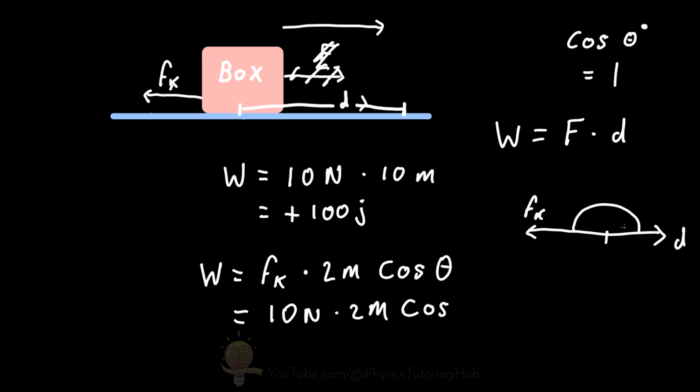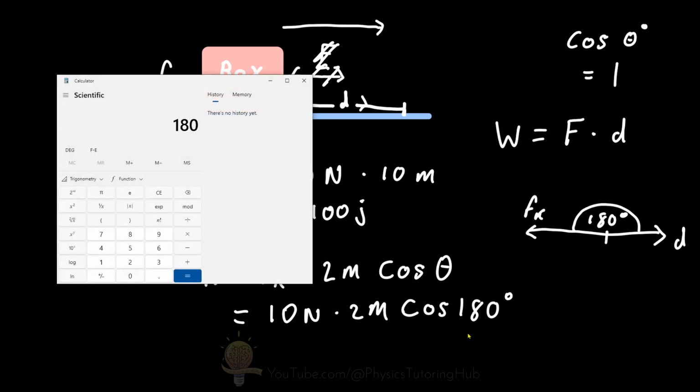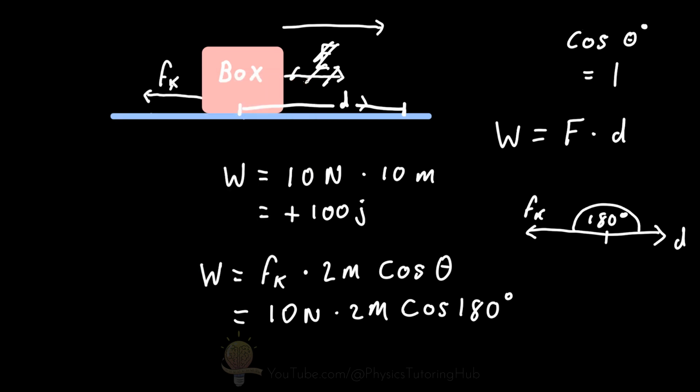And this angle here is 180 degrees. So what is cosine 180 degrees? We get -1. So our work is equal to -20 joules.